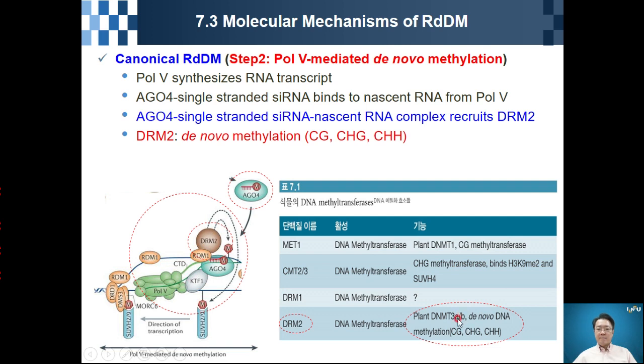Their main function is de novo DNA methylation in CG dinucleotide or CHG or CHH sequence. Okay, after that DRM2 did de novo methylation here and de novo methylation here. So this is the second step in canonical RdDM, the RNA polymerase 5 mediated de novo methylation.